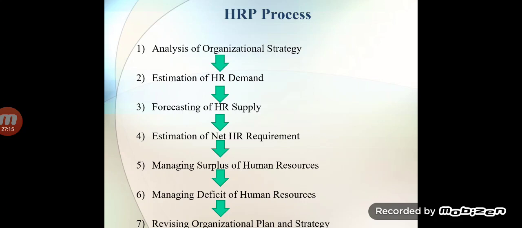If the surplus is estimated in the whole organization, a plan is made for the retrenchment of employees, but it has to be done in consultation with the trade union.